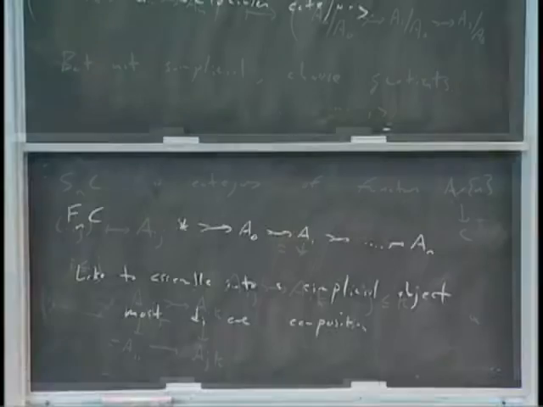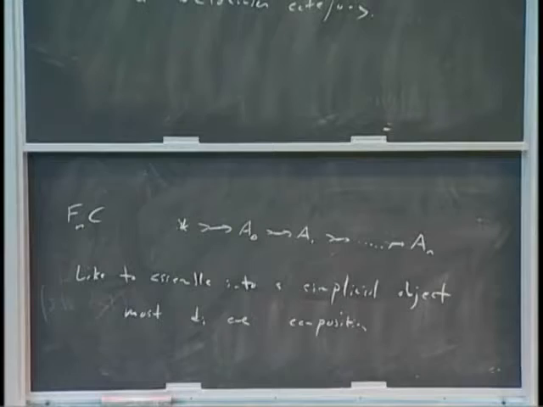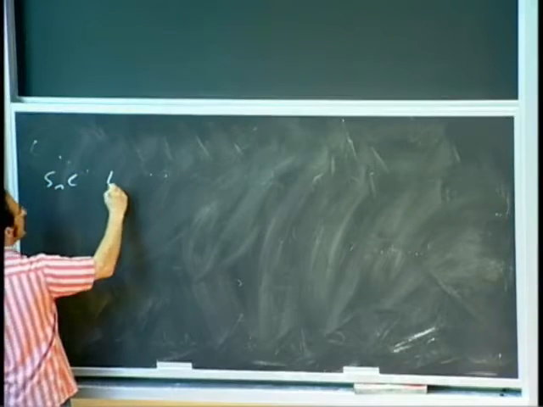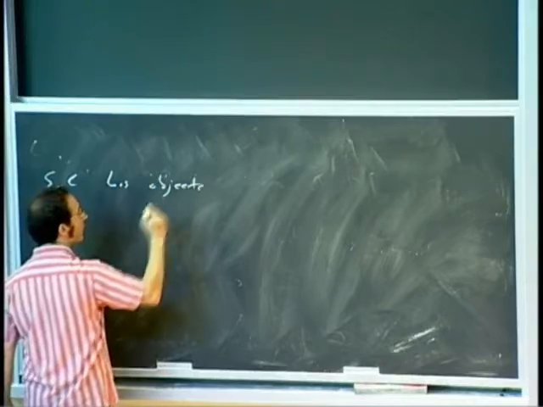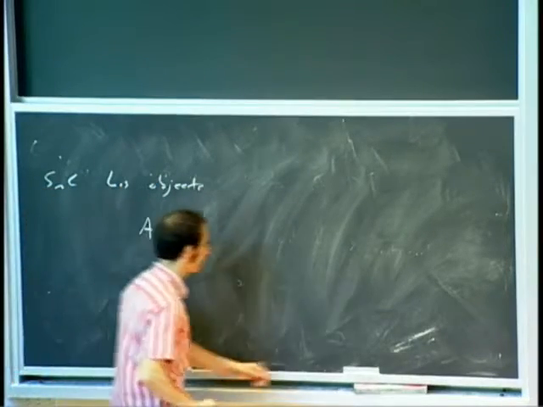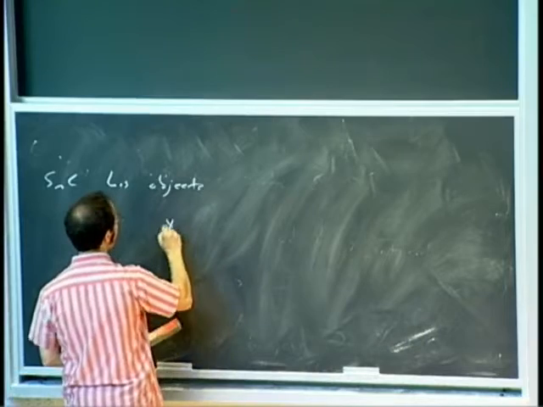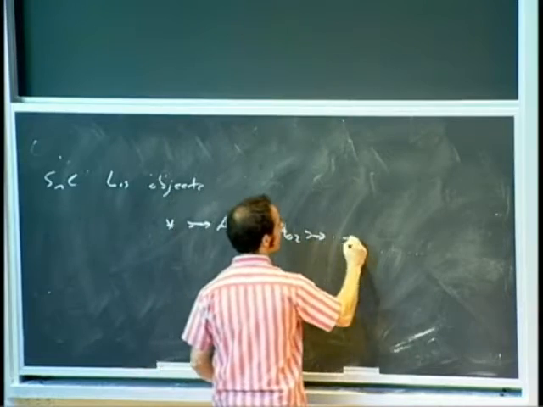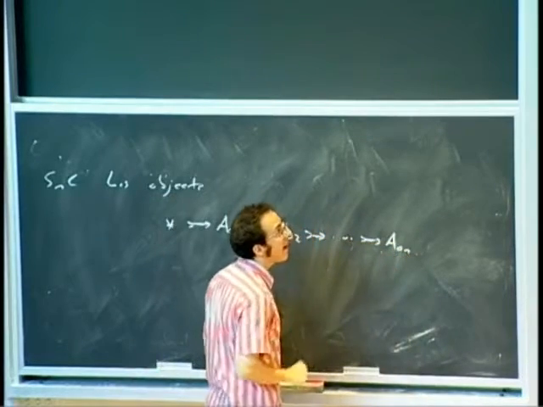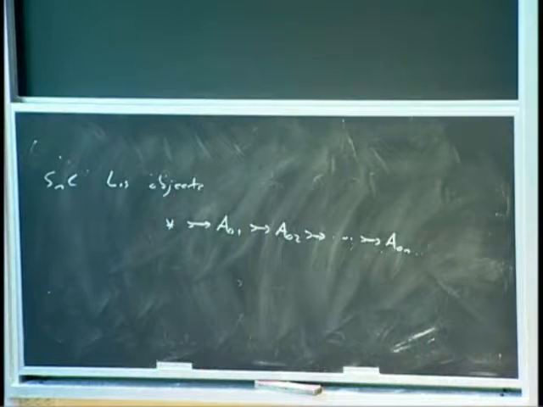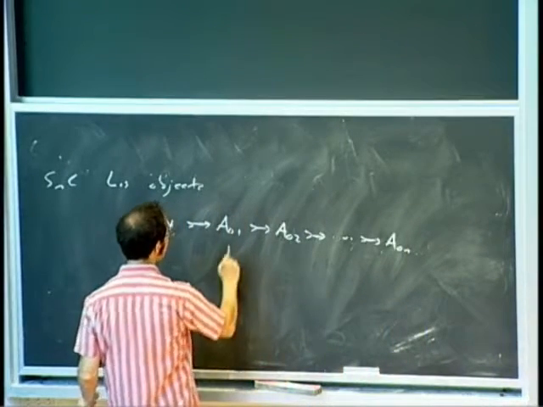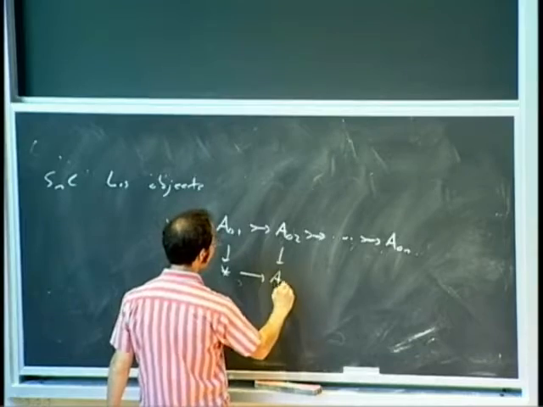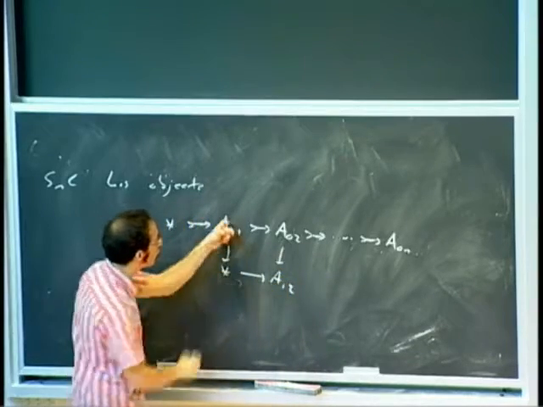So what that looks like is, S_n C has objects that look like the point to A01, to A02, to A0n, and that's our sequence. That's the data of our sequence. But now I've also thrown in all these cofibers. So I have a point, and now I have A12, and A12 is a chosen cofiber.